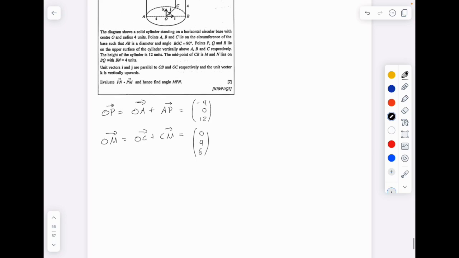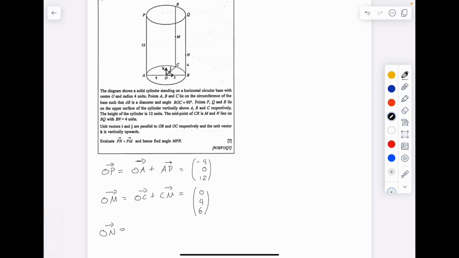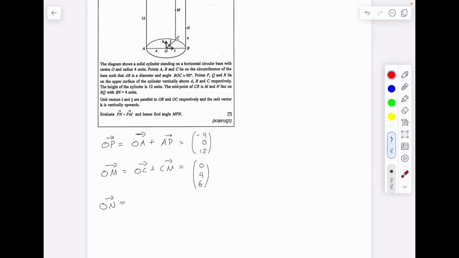Now, what about ON? Well, ON is going to give you the following. How do we get there? It's going to be OB plus BN. So OB first off is going to be 4i.